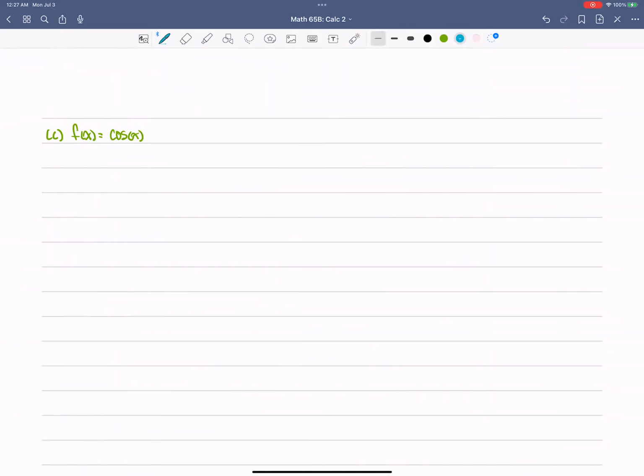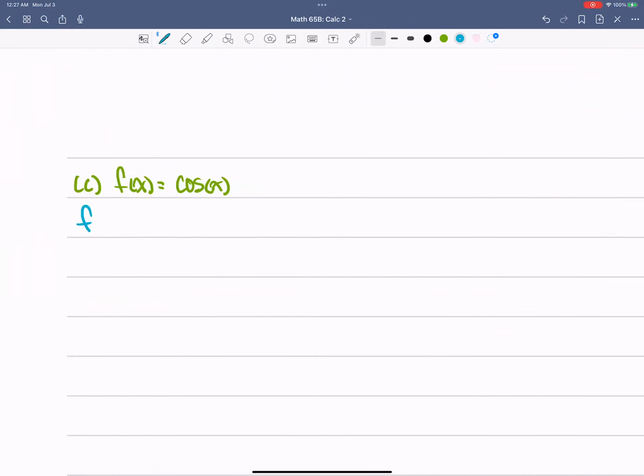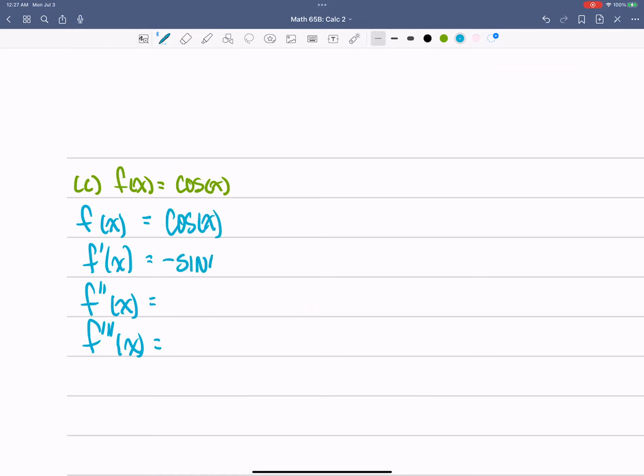Let's see, so starting off with our derivatives. So f of x, f prime of x, second derivative of x, third derivative of x. So cosine x, the derivative negative sine x, the derivative negative cosine x, and positive sine x.